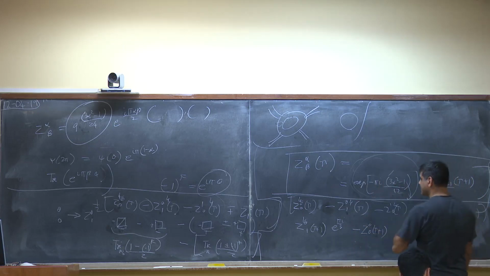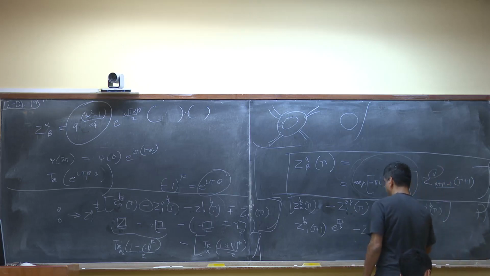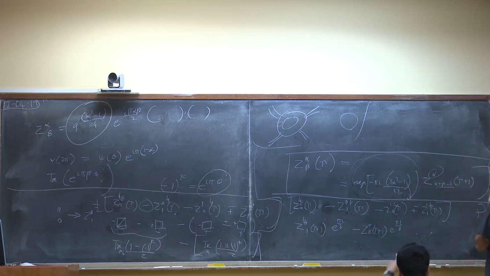And the same phase. Alpha is the same, so everything's the same. e to the power pi i over 3. The other things will be accompanied by the addition of another pi. I mean, the overall phase is minus e to the pi i over 3, I think.